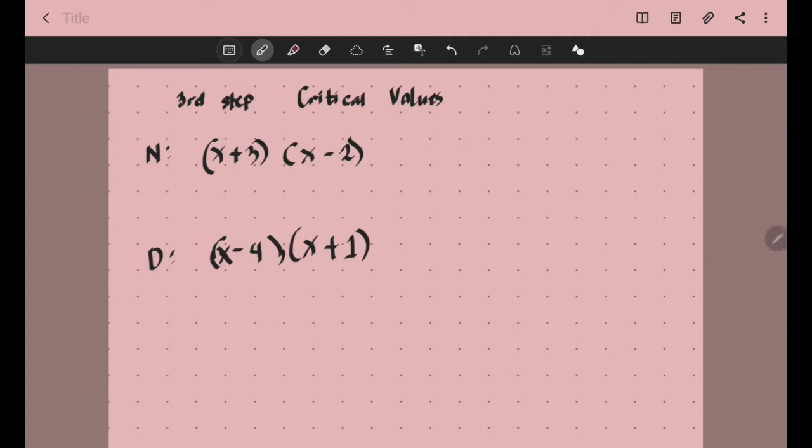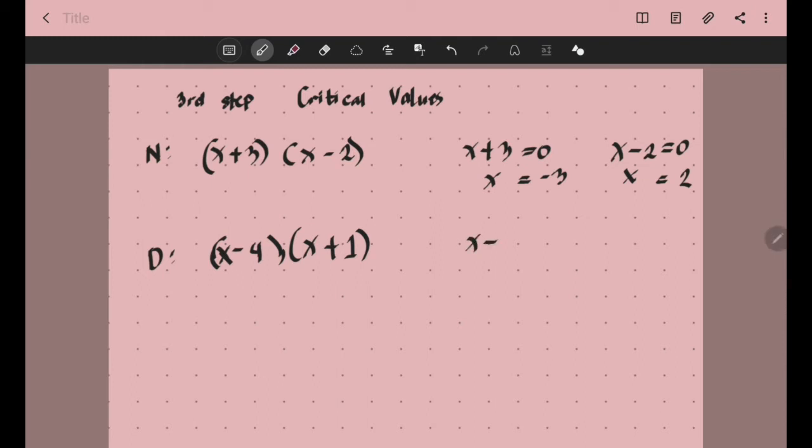So we have x plus 3 is equal to 0, and we have x minus 2 is equal to 0. Since we have two values for x in the numerator, we have x equals negative 3 and x equals positive 2. Negative 3 and positive 2 are the critical values from the numerator.